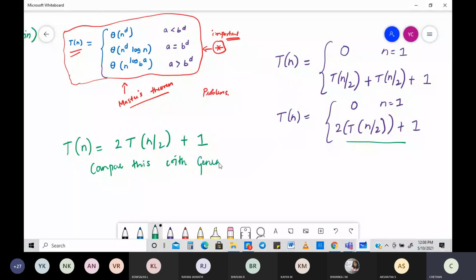Please understand this. If you can understand this, the next step is very easy. What is the general form of your Master's Theorem? Just like I wrote just now, I'm going to write it again. It was T of n is equal to A T of n by B plus f of n.